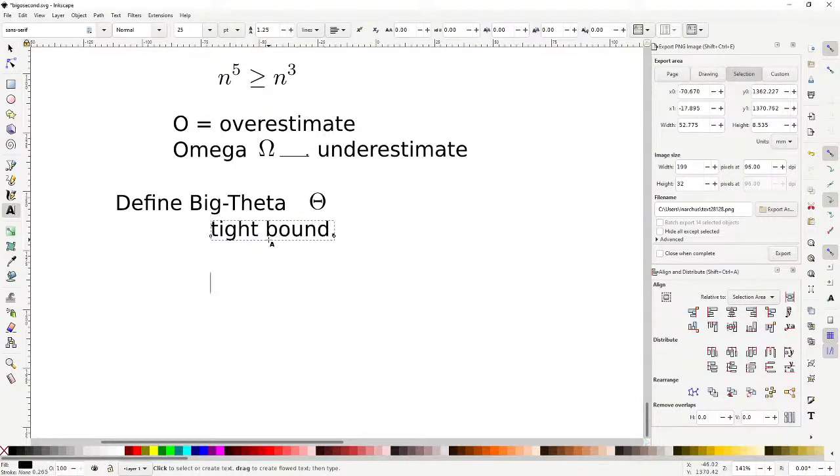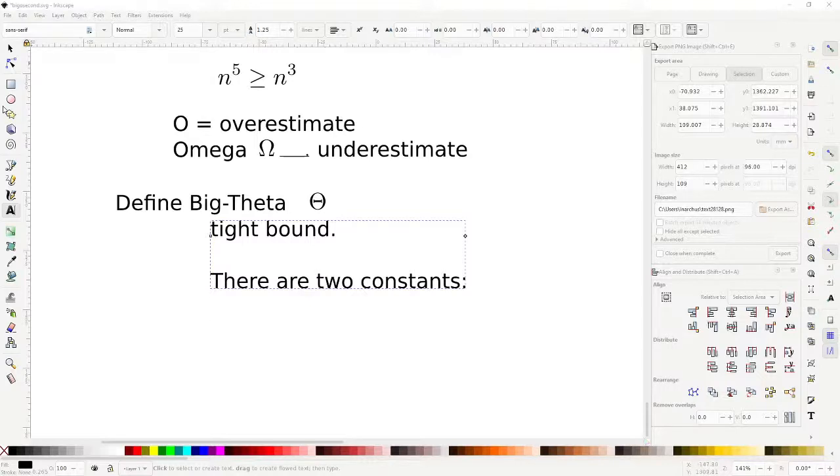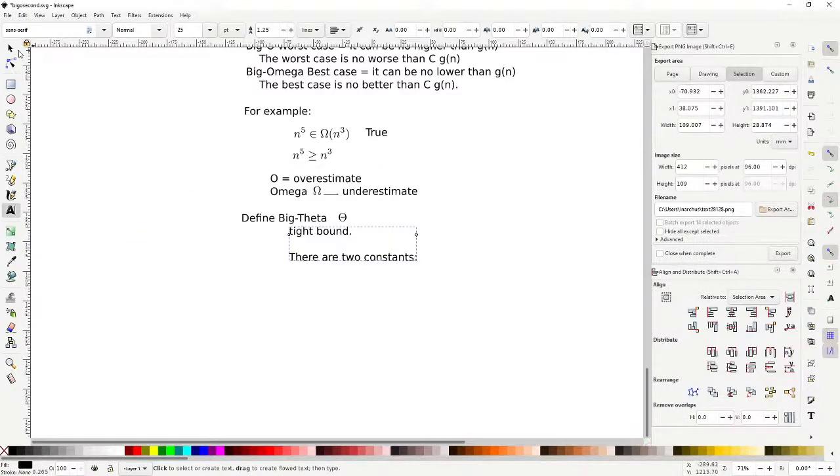And what I mean by a tight bound is this. There are two constants now. Let's say that f of n is in theta of g of n. So if f of n is in theta of g of n, then there are two constants.